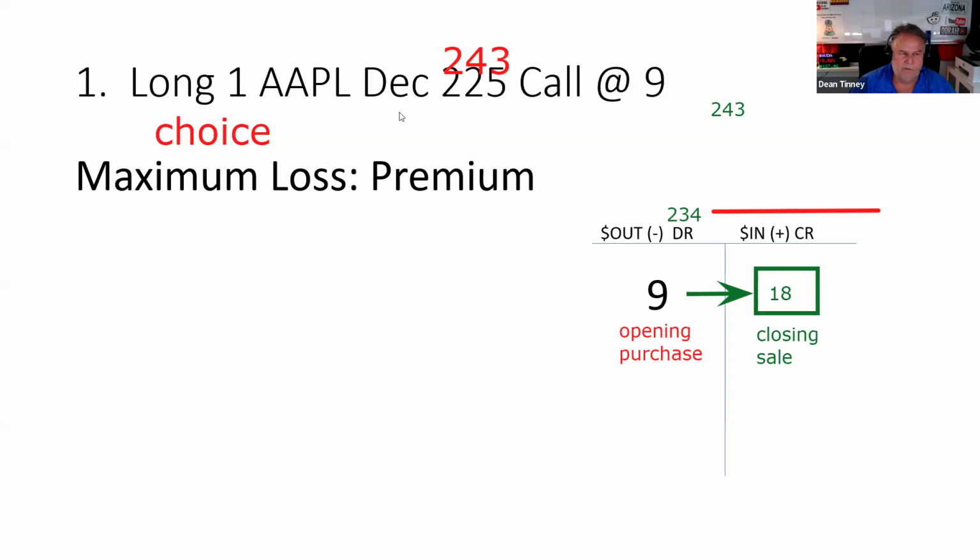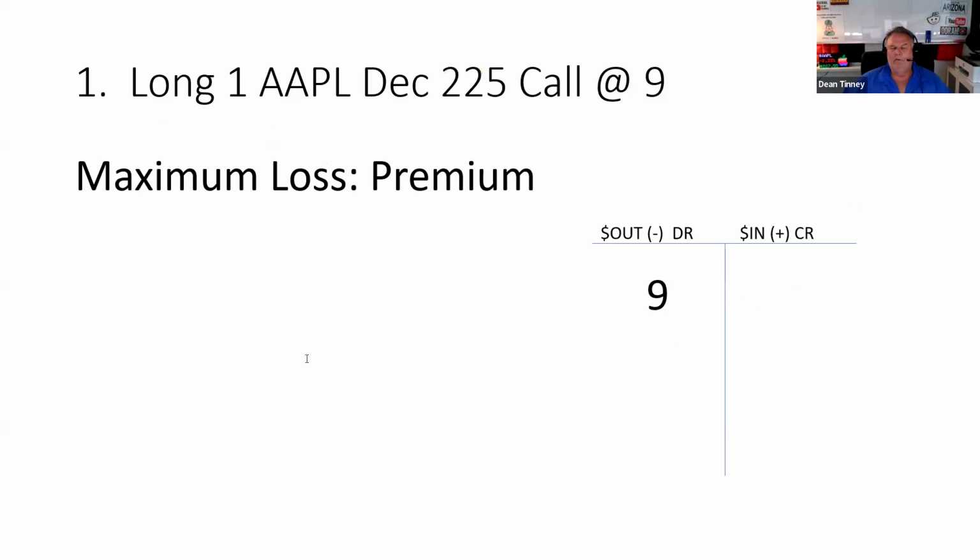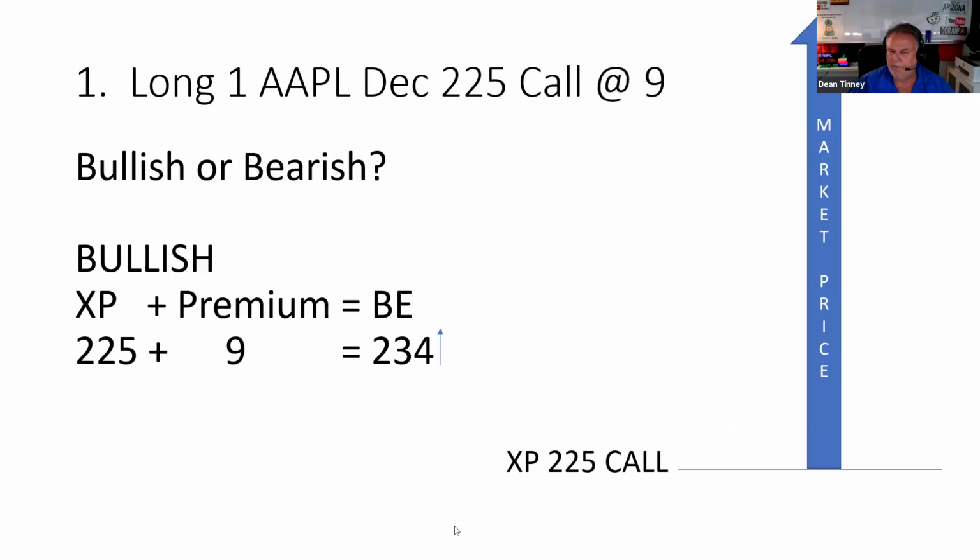So now let's look at some phraseology for that. Your customer, remember this phraseology, goes long one Apple December 225 call at 9 when Apple's at 227. Do we care about that? We do not. And again, we say at expiration. At expiration, Apple is 224.